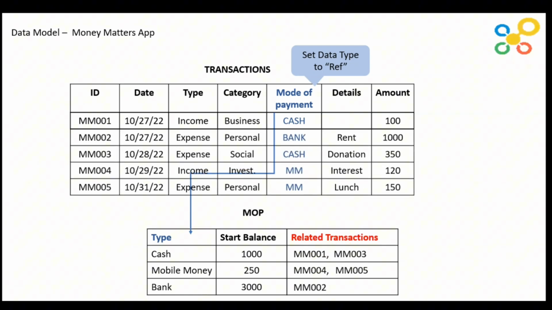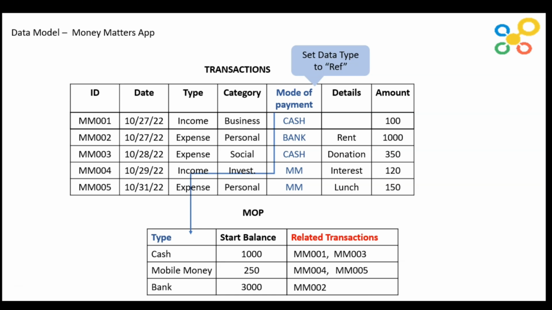So if I record more transactions, realize that these transactions are recorded under their related or the appropriate mode of payment. This enables app creators to better analyze contents of the transactions table in the mode of payment table. So that's how we are able to determine the total amount of cash that has been spent.